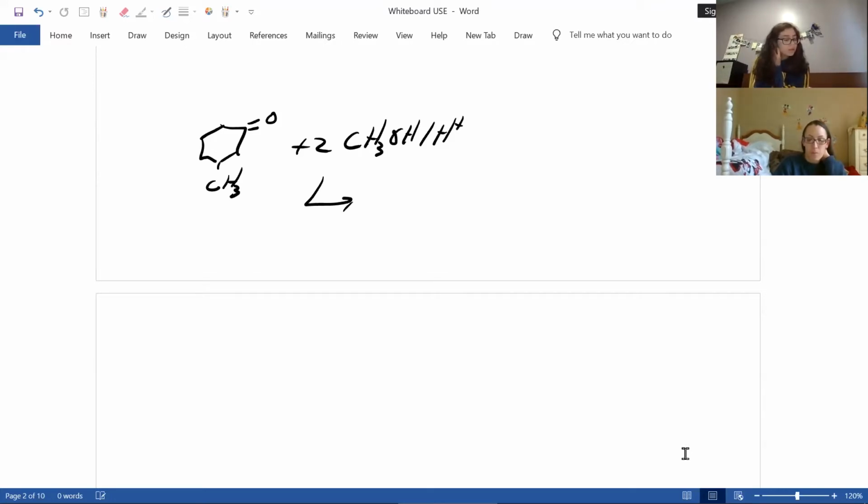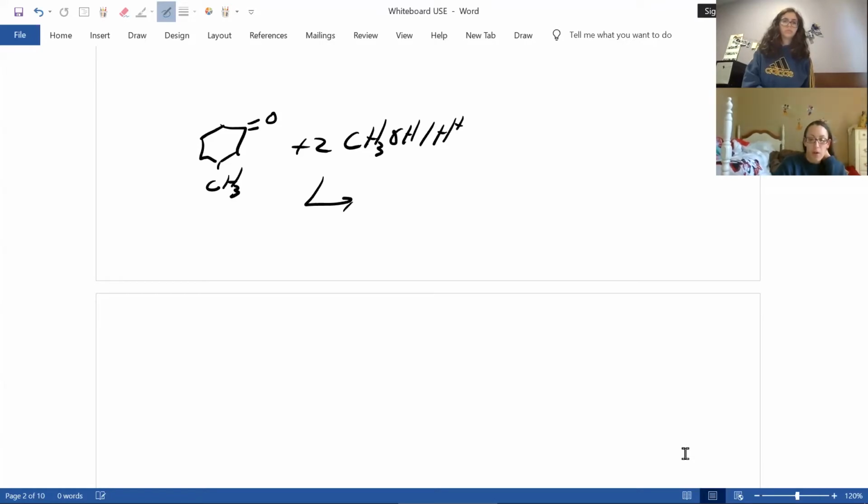Let's do this. Let's look at each molecule, look for what's different. What's not a carbon-carbon single bond or carbon or hydrogen atoms. Oh, look, I've got an oxygen to carbon. Carbon's here, carbon's here. This is a ketone.